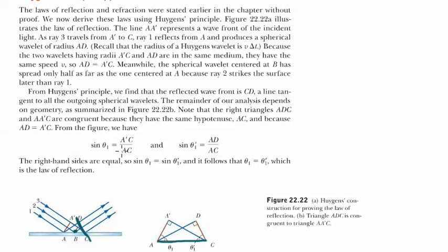From the figure, sine equals opposite over hypotenuse. Sine theta 1 is A prime C over AC, and sine theta 1 prime is AD over AC.